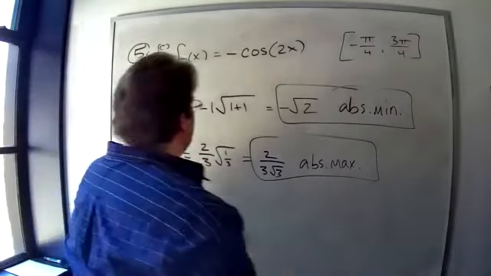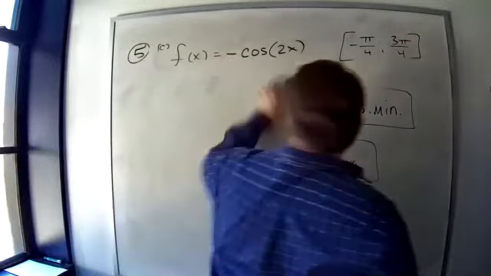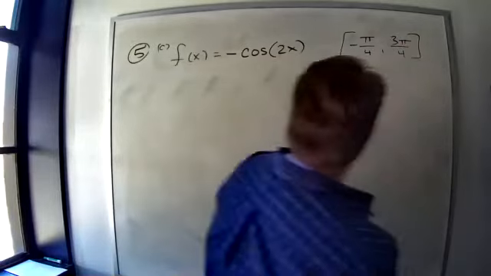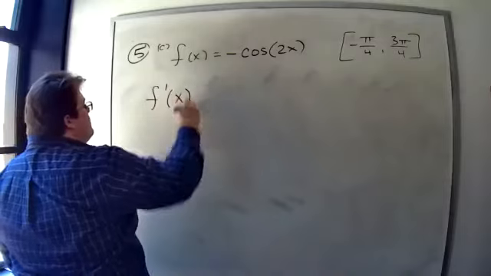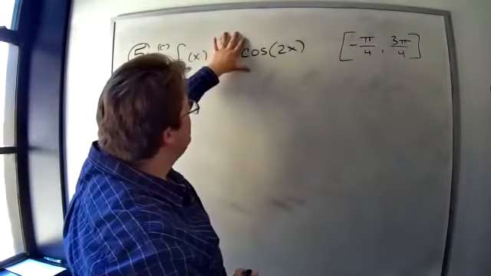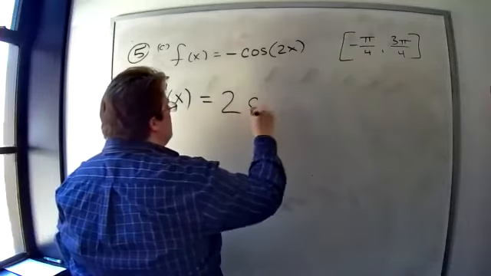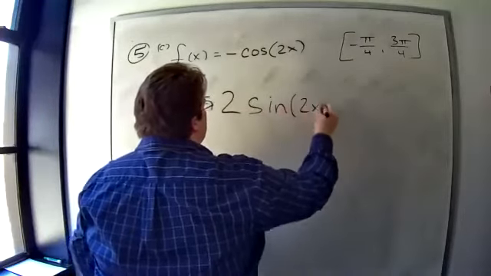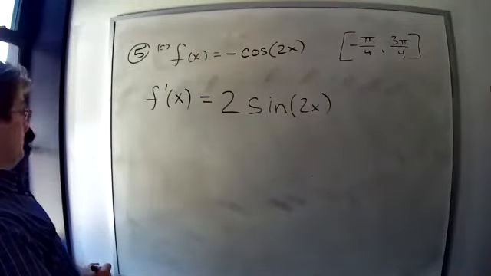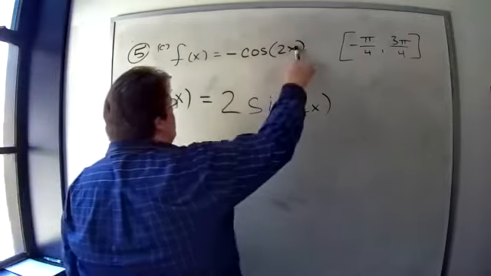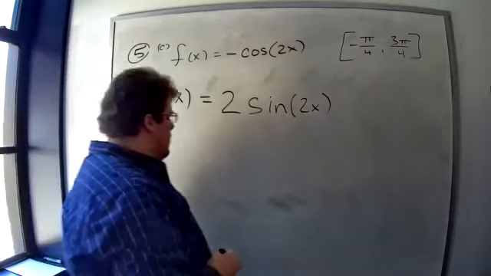Well, again, we're going to need the derivative. We're going to need where it's 0. We're going to need where it's undefined. This derivative is sine, so that's always defined. But here, what's our derivative? Well, derivative of cosine is negative sine. So the negatives cancel. That's nice. But we need also to multiply by the derivative of 2x, which is 2.